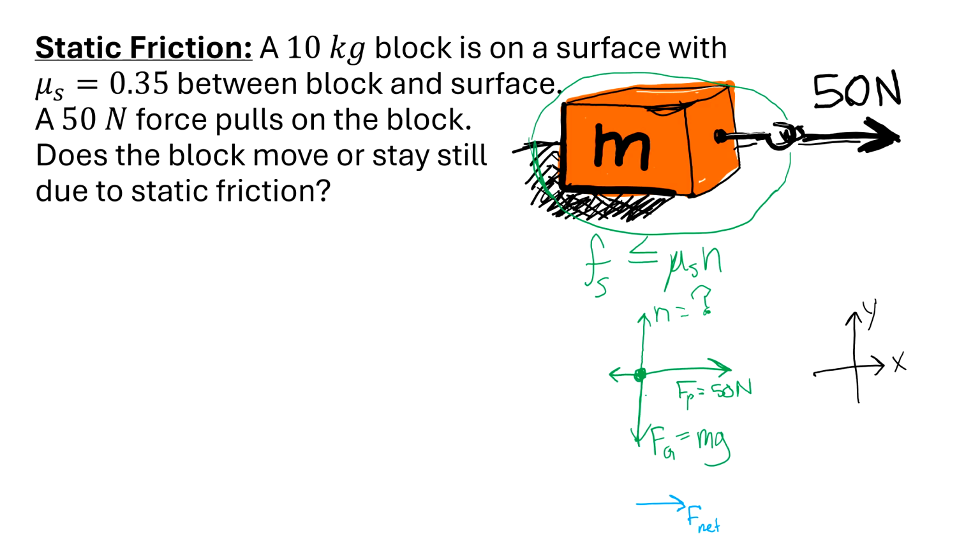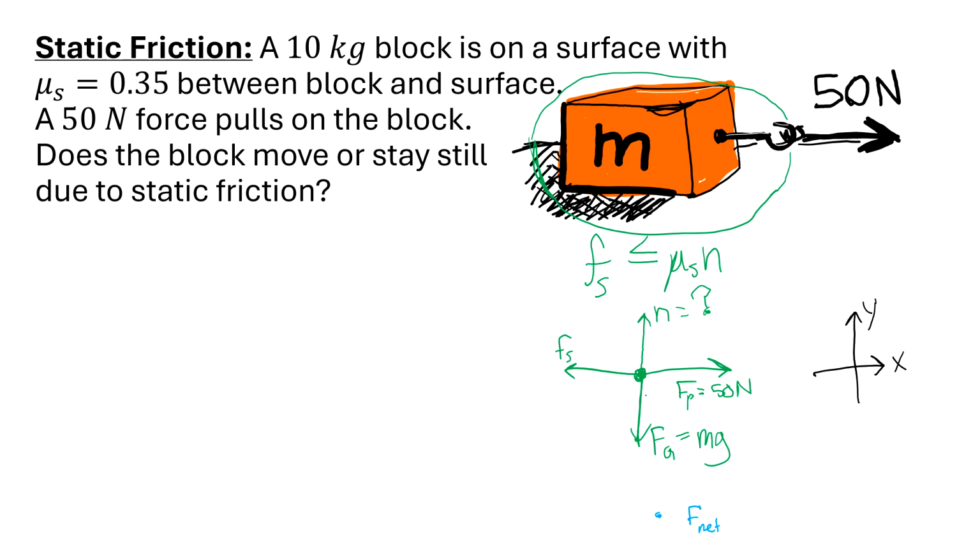It could also be the case that static friction is strong enough to equal the pulling force, in which case the net force is 0. There is no net force, and there's no motion, if we started with a block that wasn't moving.